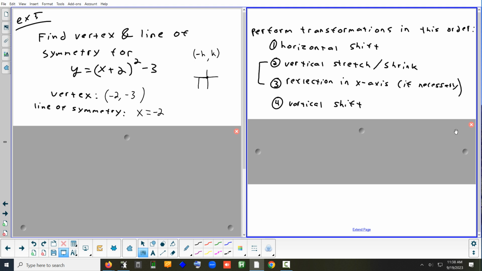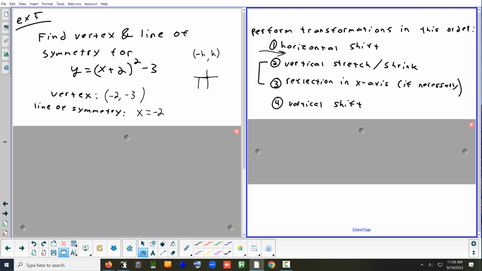But if you wanted to know where the horizontal stretch would go, it would go right there. That's the order that we always have to list transformations in. And horizontal stretch would be between steps 1 and 2. We're not doing that in this lesson. We will, but just not this one.